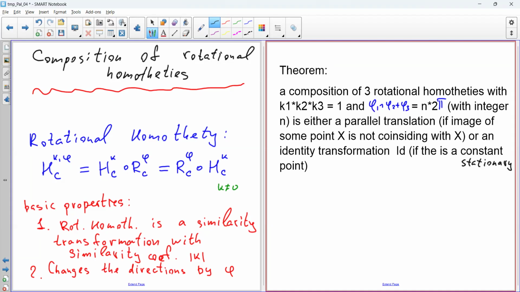So it will change nothing. Everything will stay in its place.